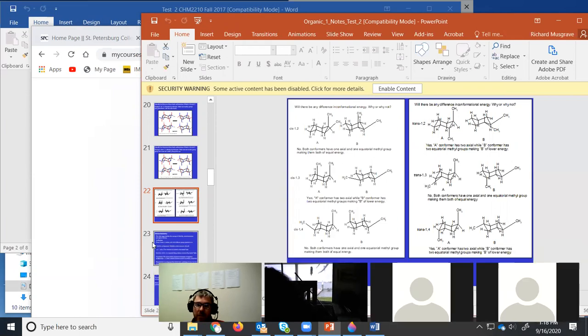What I can tell you is that cis 1,3, trans 1,4, and trans 1,2 are going to have a favored one, because you will have either both axial or both equatorial in those instances. To be not favored, you have to have one axial, one equatorial in both. Okay, thank you. All right, any other questions?